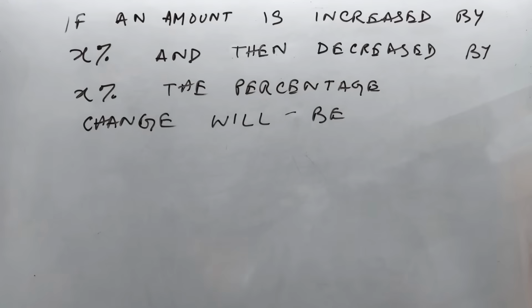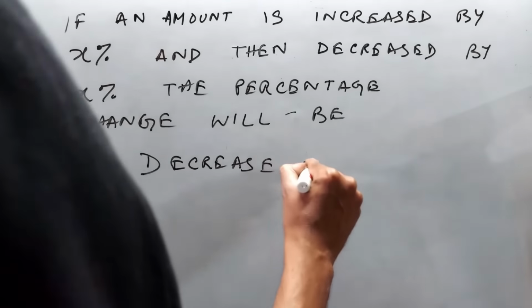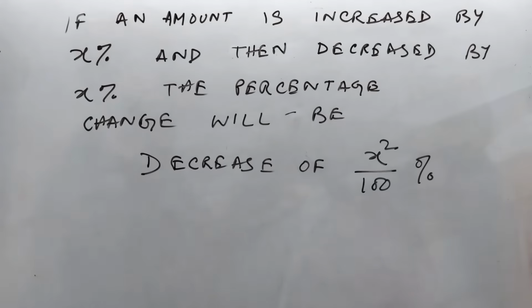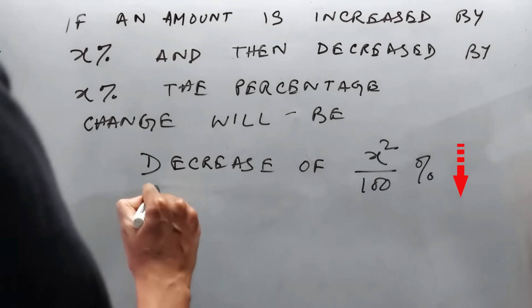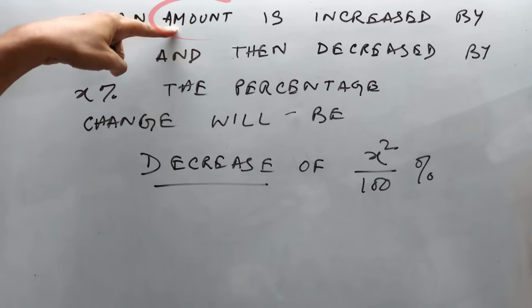Yeah, some of you definitely know this. Decrease of X squared by 100%. Yeah, always mark this. The final percentage will be decreased. That means percentage will be in negative. Yeah, the final result will be lower than the amount we have started at the beginning.